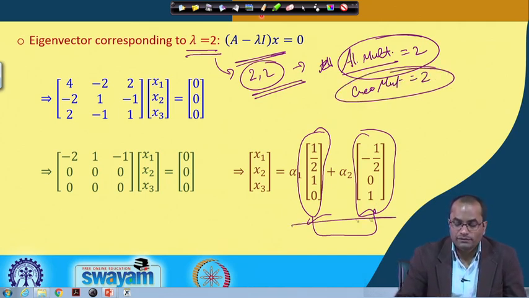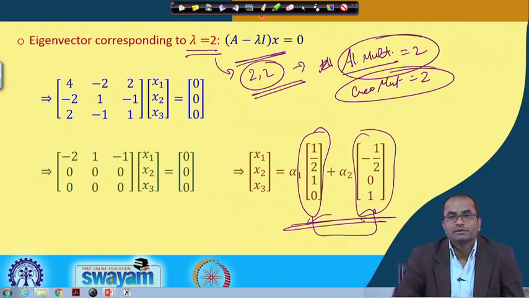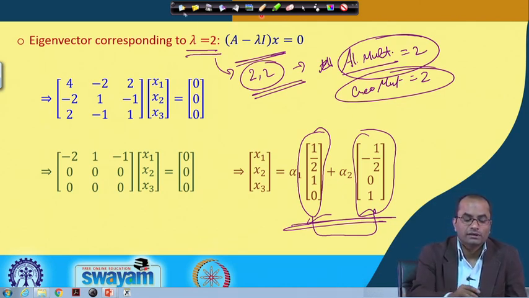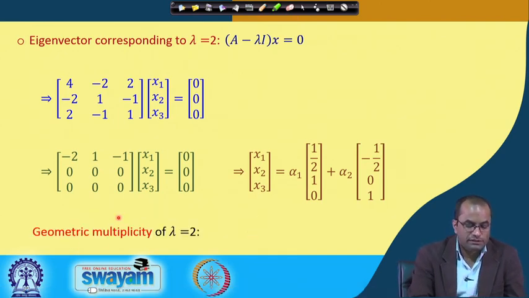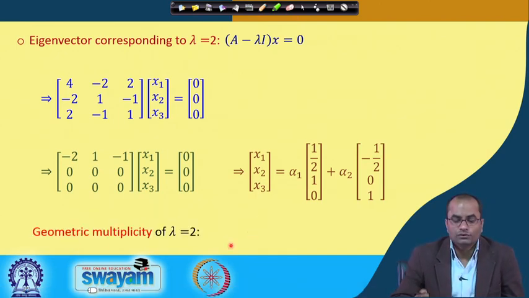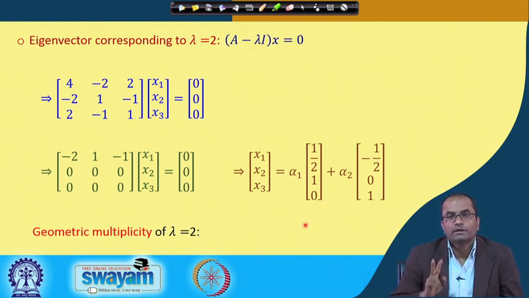So, we have the algebraic multiplicity 2 as well as the geometric multiplicity 2. Geometric cannot be more than the algebraic one, but in this case we got equality. So, the geometric multiplicity of lambda equal to 2 is 2, because we have two linearly independent eigenvectors corresponding to lambda equal to 2.